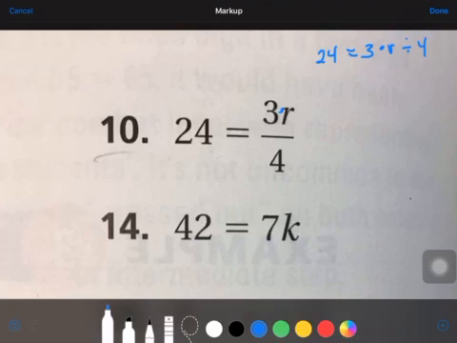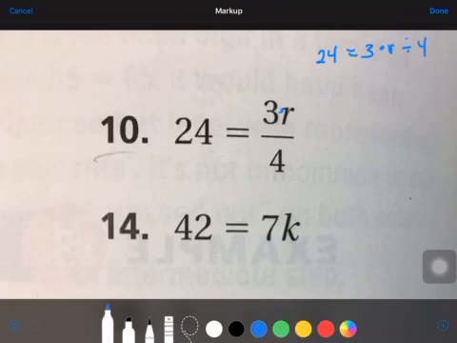So from two lessons ago, when we were dealing with addition and subtraction, I said to always try and get rid of those first. Technically, you can do any of the steps first, but with addition and subtraction, it's going to be easier in the long run to get rid of those first.